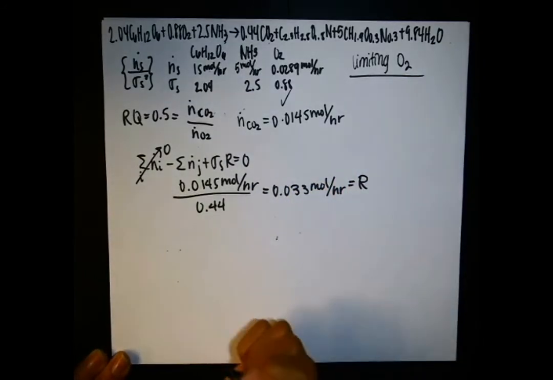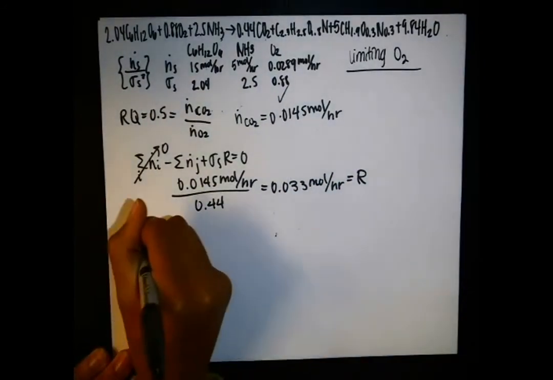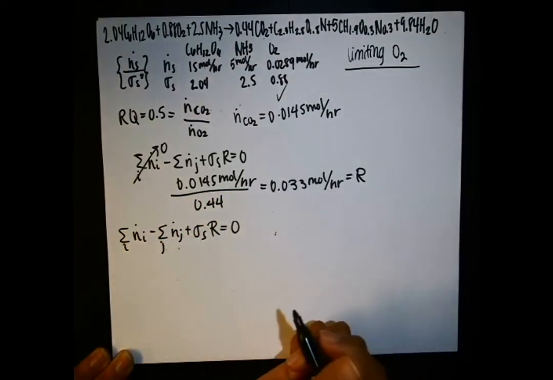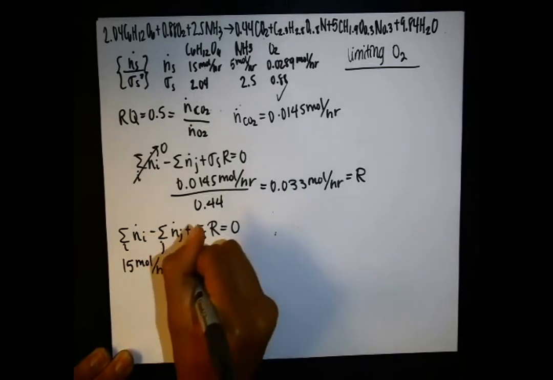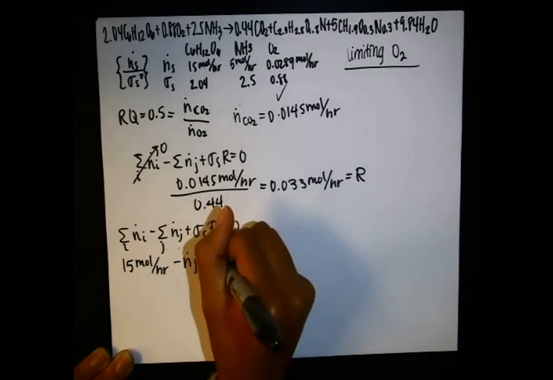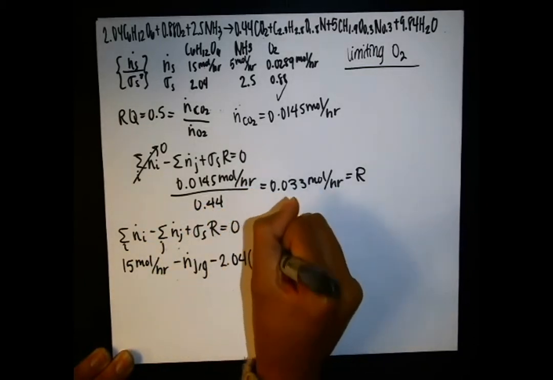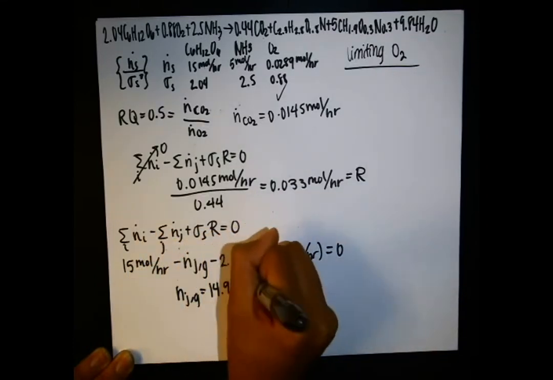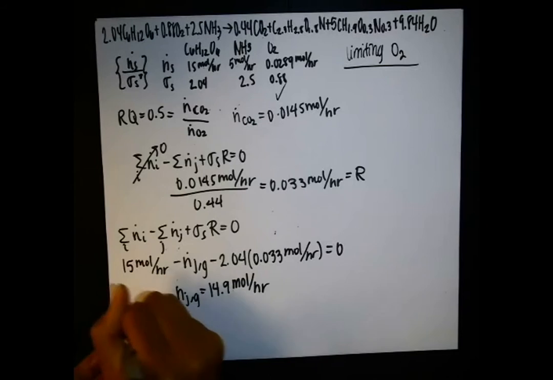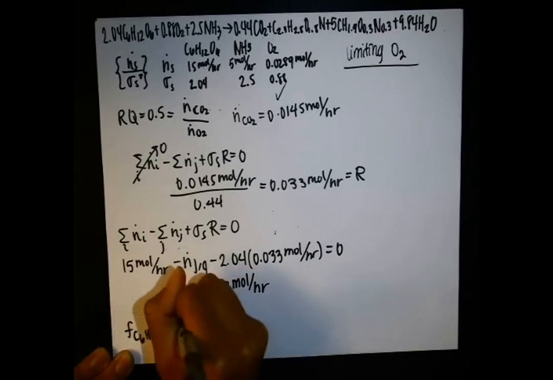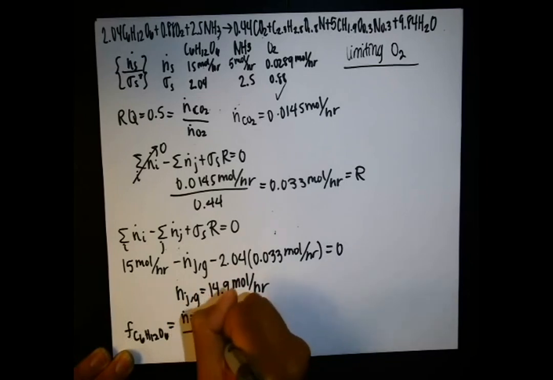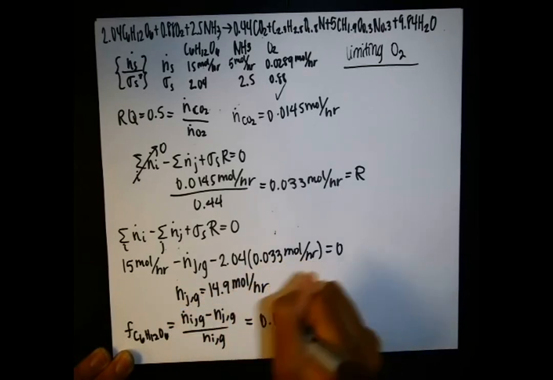Last but not least, we can solve for the amount of glucose leaving the system since we solve for R. We know the amount of glucose going in, and then we also know the coefficient as well as the R. And we can solve for the moles of glucose going out, which is 14.9 moles per hour. Lastly, we solve for the fractional conversion, which is equal to the molar flow rate in minus the molar flow rate out over the molar flow rate in, and we get 0.0047.